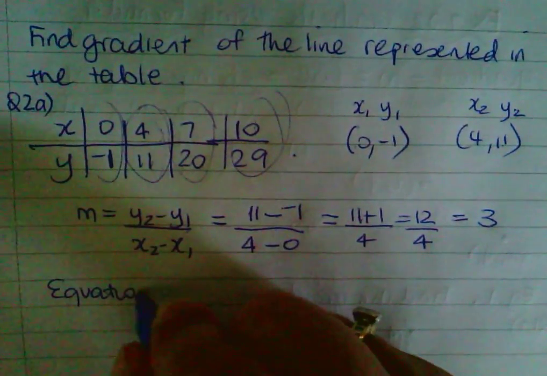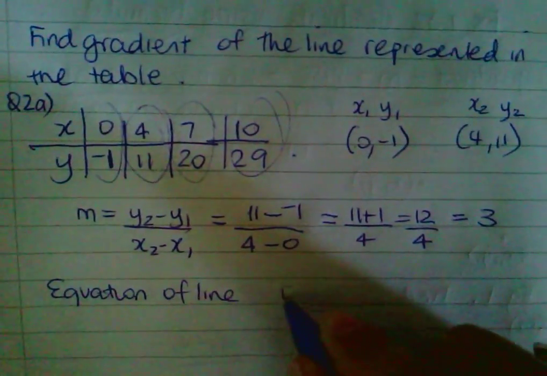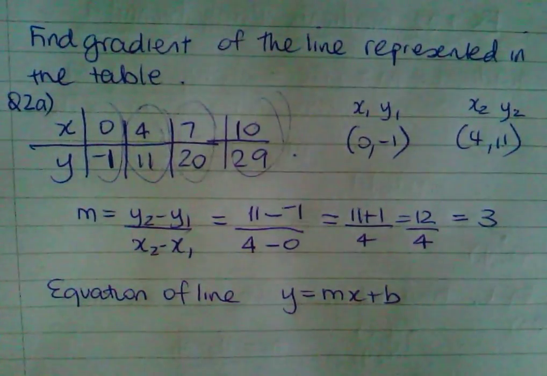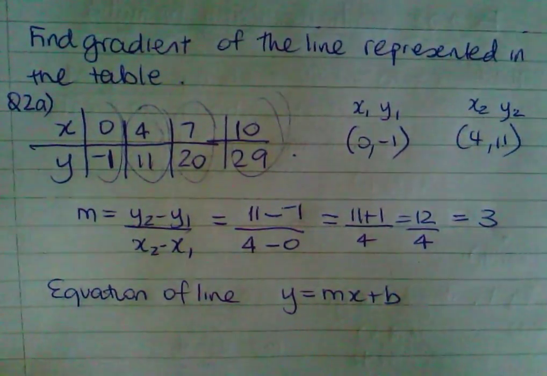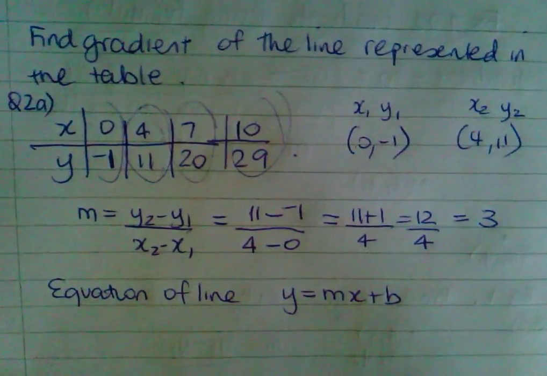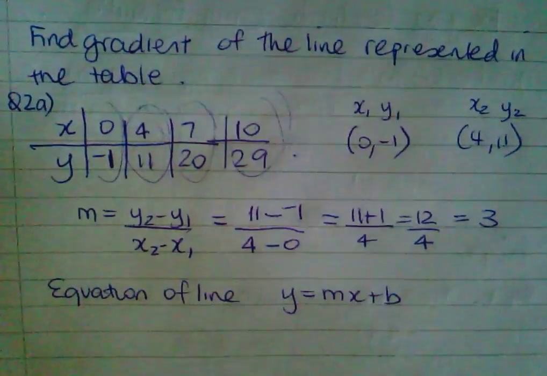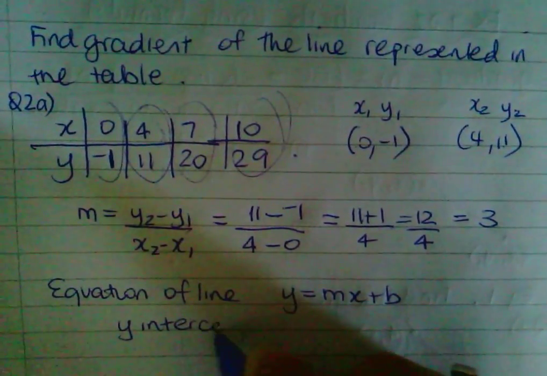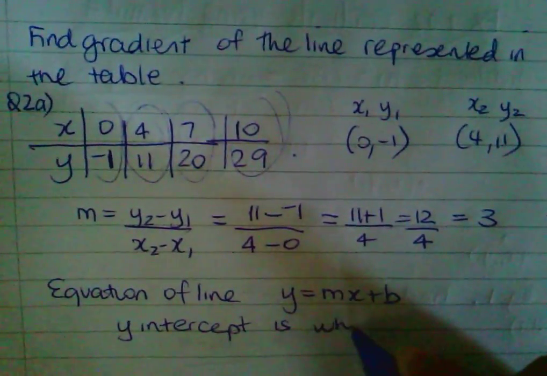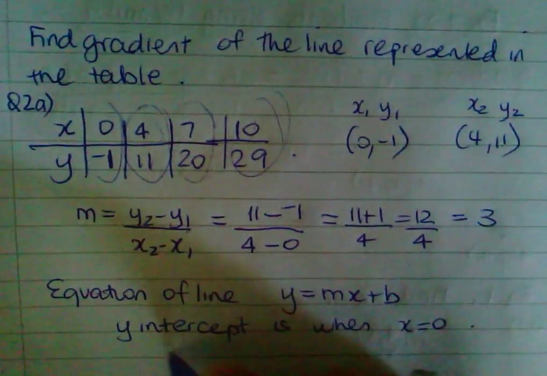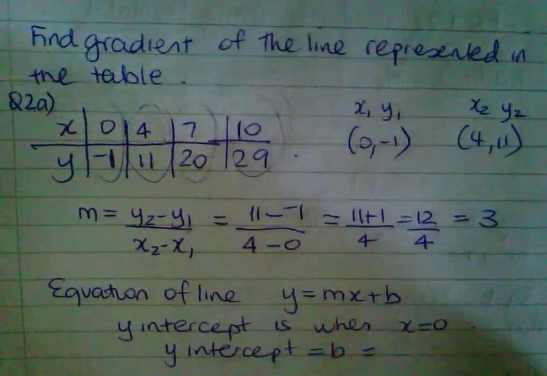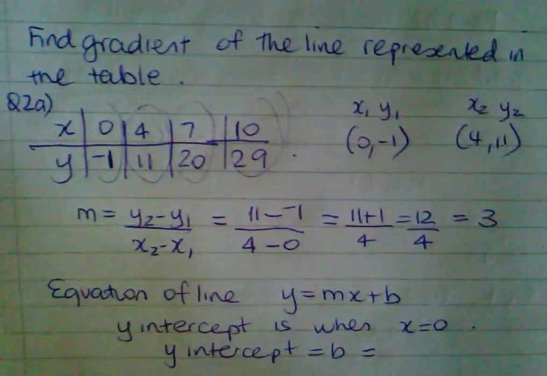While we're here, what's the equation of this line, therefore? Remember, y equals mx plus b. Can you see the y-intercept? That always occurs when x is 0. Well, I've got it there. So my y-intercept is when x is 0. So therefore, the y-intercept, which is b, is what? Good.